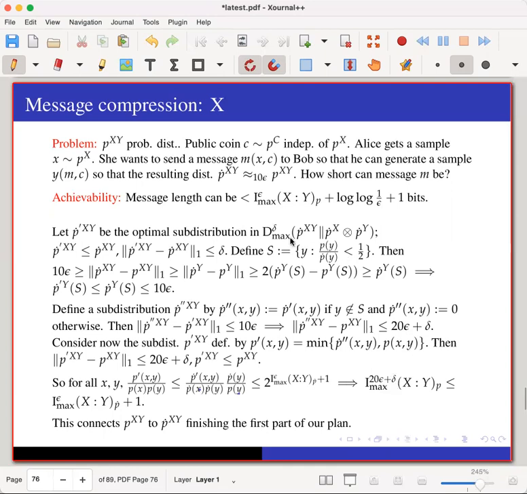So if I understand this correctly, what do I want to show? I'm just going to recap this a little bit to see if I get it. I want to show that given a protocol which produces a p dot distribution that is close to pxy, it cannot compress much more than Imax epsilon of xy, or maybe Imax 10 epsilon or something, some fudge factor.